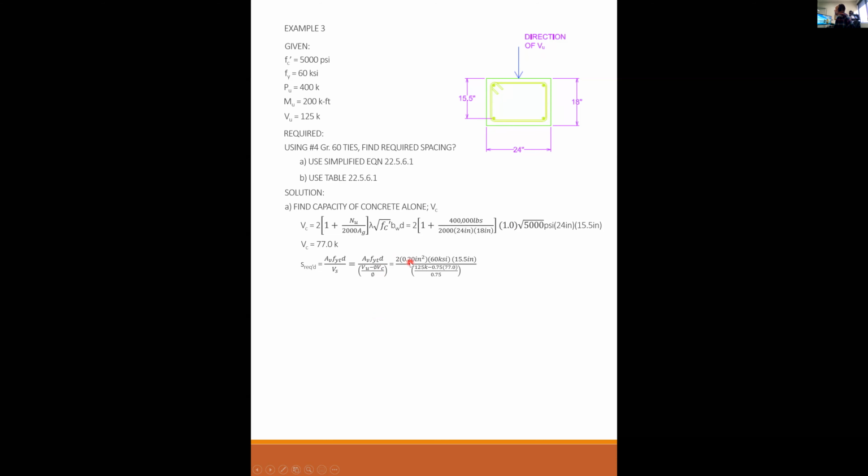So 2 times the area of a number 4, which is 0.2, 60 KSI, d is 15.5, Vu is 125, given here, and phi Vc is 0.75 times 77, all divided by phi of 0.75, and you get 4.15 inches. So use number 4s at 4 inches on center.